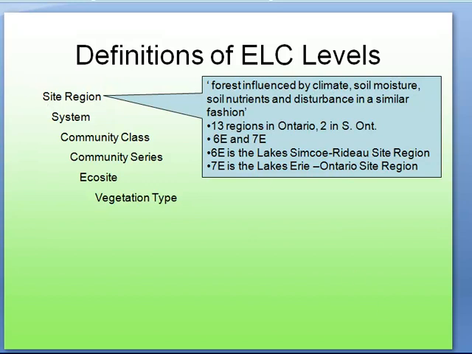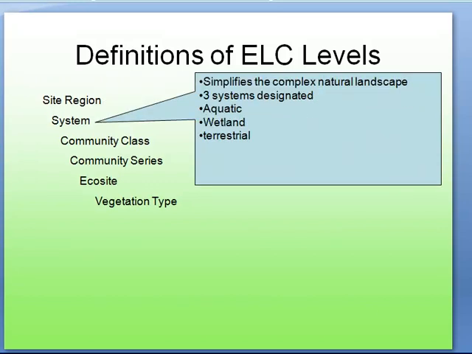Now, the next category down is called a system, and that's a fancy way of saying the type of area you're looking at. Remember, ELCs are not just dedicated to forests; they're for all the different types of natural landscape that exist out there, and that's important to understand. We could be talking about an aquatic system like a lake, or a wetland.